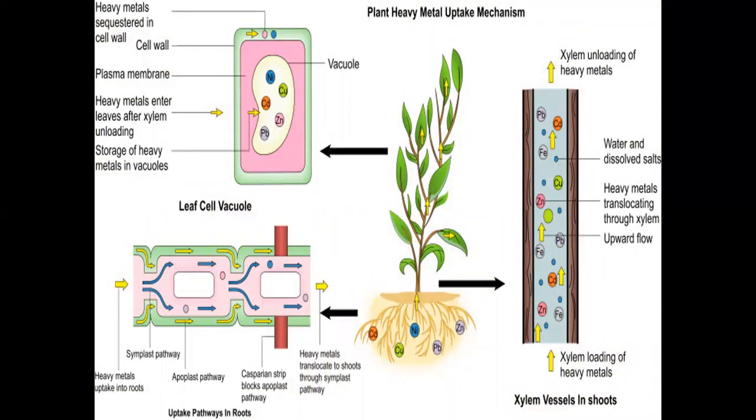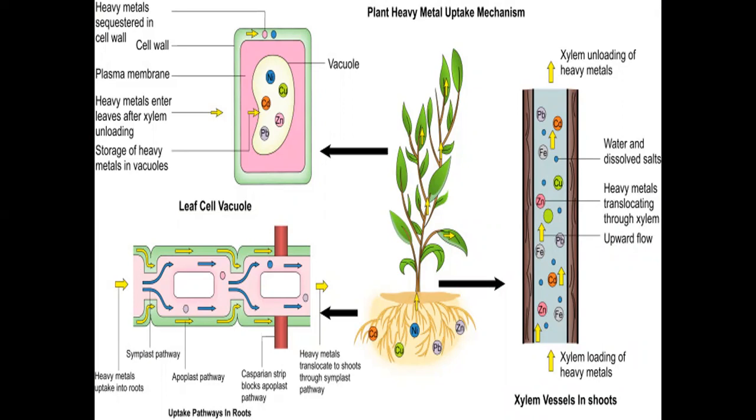in this picture we can show how the plants uptake heavy metals from the contaminated site. First of all, we see the uptake pathway in roots. There are two pathways, apoplast pathway and symplast pathway. The blue arrows show the symplast pathway and the yellow arrows show the apoplast pathway.